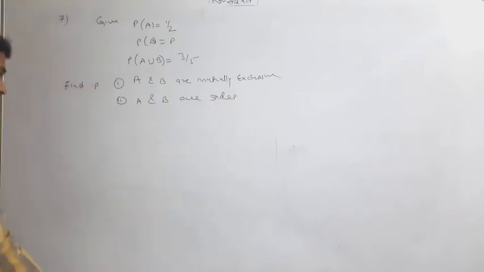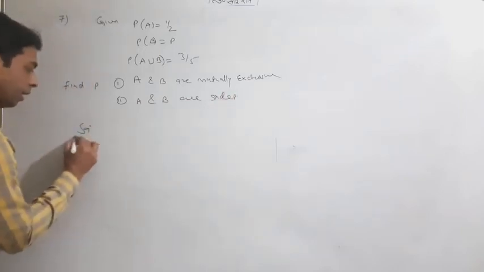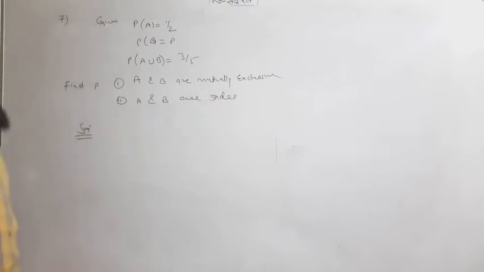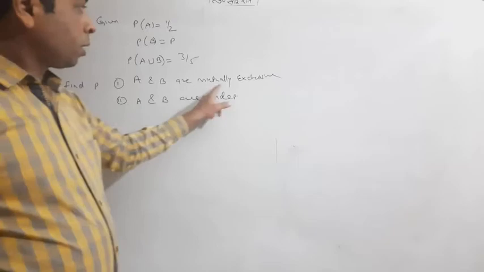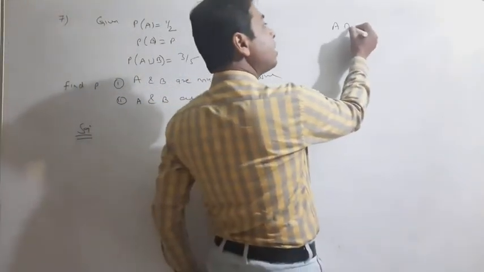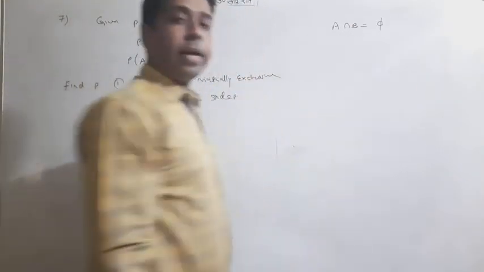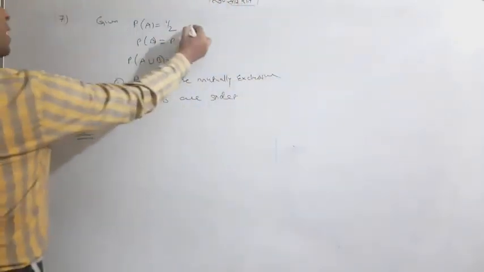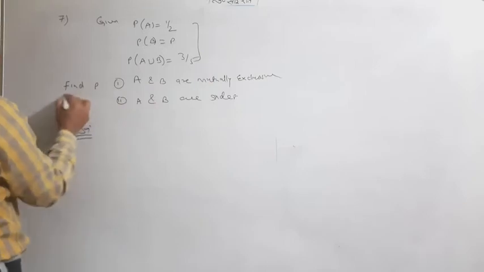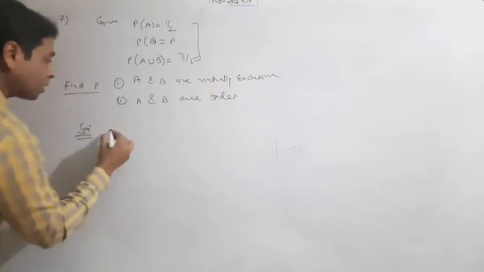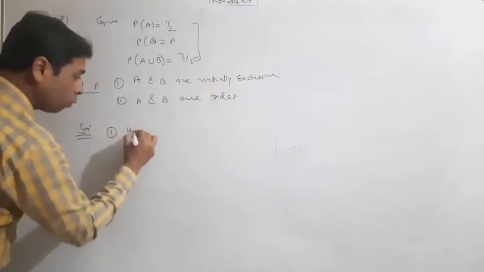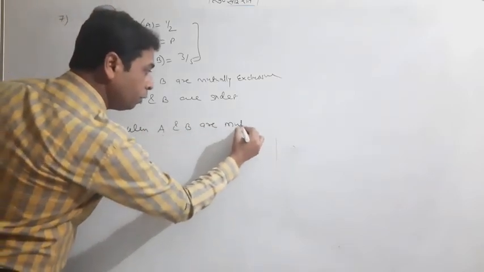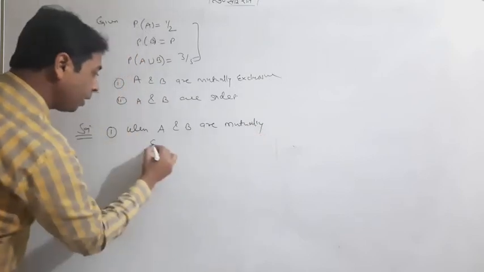I think you remember the word mutually exclusive: when A intersection B is phi, A and B are called mutually exclusive. We want to find the value of p when A and B are mutually exclusive.